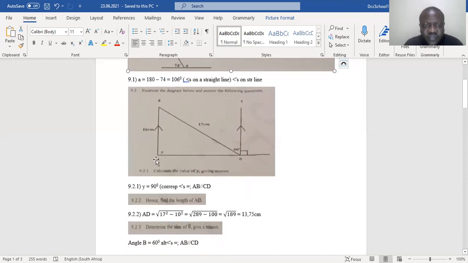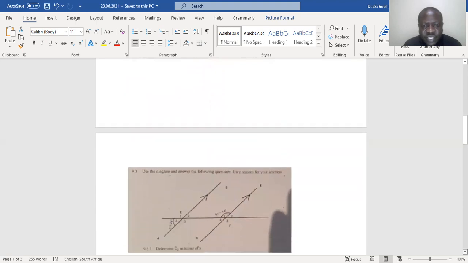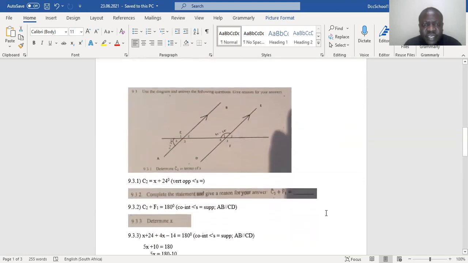So in this case, if you are finding length of AD, it's a shorter side. So you're going to say the square root of 17 squared minus 10 squared, and then you calculate to get your answer.